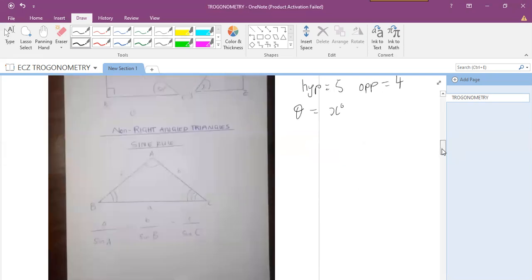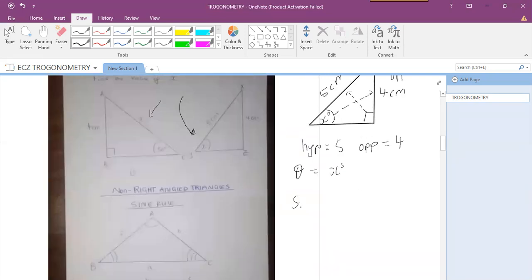Then step 2, you say SOHCAHTOA. Then you ask yourself, which among these three trigonometric ratios has hypotenuse and opposite? It's sine again. So sine has both hypotenuse and the opposite. So we're going to use sine again.